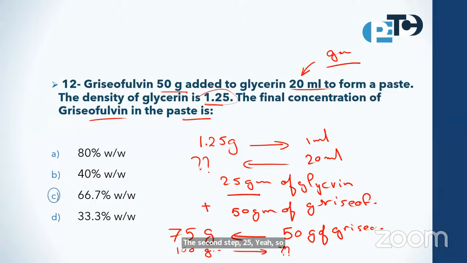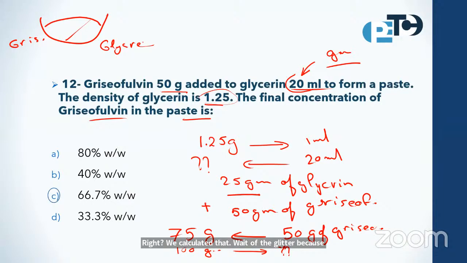Okay. Here we have a paste. This paste formed of two components, griseofulvine and glycerin. Right? We calculated the weight of the glycerin because he gives us the volume of glycerin, but glycerin here is inside the paste.